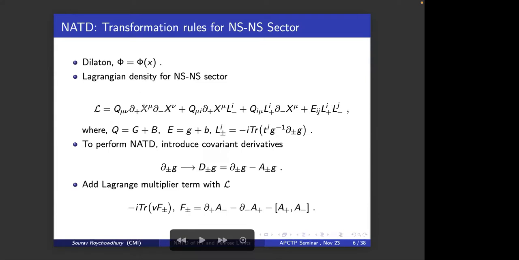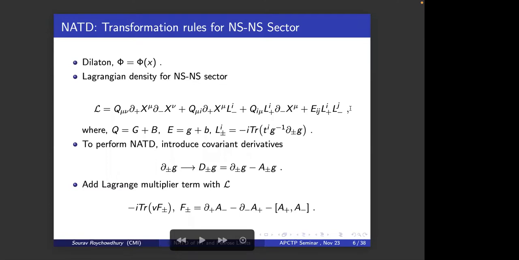And X^mu are the fields on the worldsheet, because we know in the worldsheet formulation the background coordinates are the fields on the worldsheet. Now, in order to construct the non-abelian solution, first we gauge the isometry, which means we introduce the covariant derivatives followed by the gauge fields. So first we introduce the covariant derivative, and this is the gauge field.